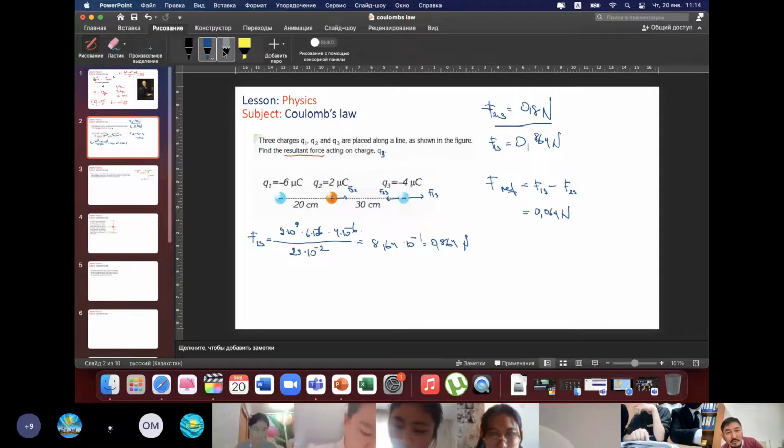Towards the left or towards the right? Right, of course. So the net force will be directed towards the right, and that will be F net applied on the charge Q3.